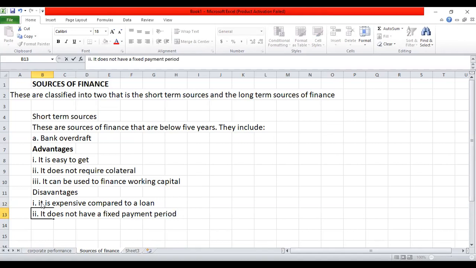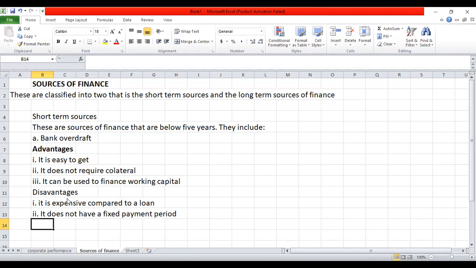So if you're using a bank overdraft, you don't have a fixed payment period. Anytime money is put into the account, the money can be taken away from your account. So there is no fixed payment period. Those are the advantages and the disadvantages of financing using a bank overdraft.